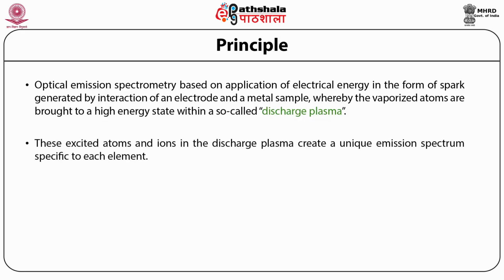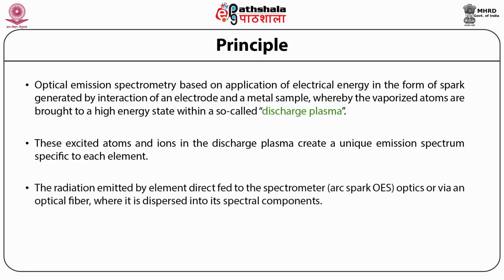These excited atoms and ions in the discharge plasma create a unique emission spectrum specific to each element. The radiation emitted by the element is directly fed to the spectrometer optics, or via an optical filter, where it is dispersed into its spectral components.